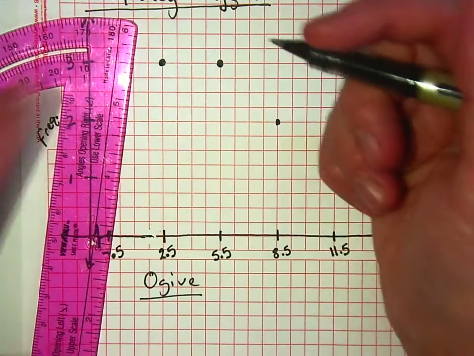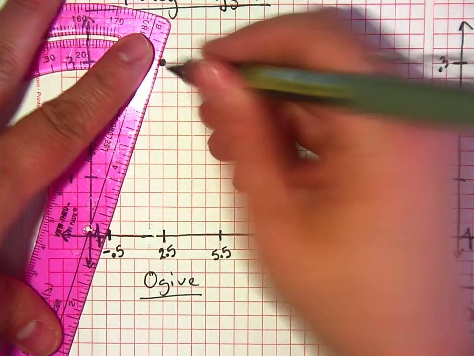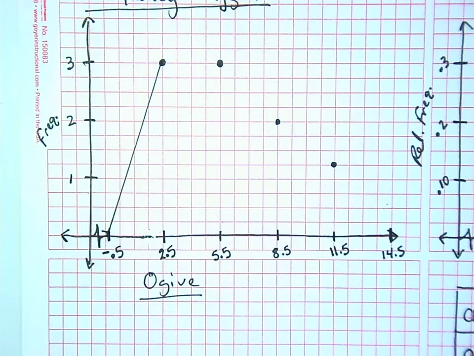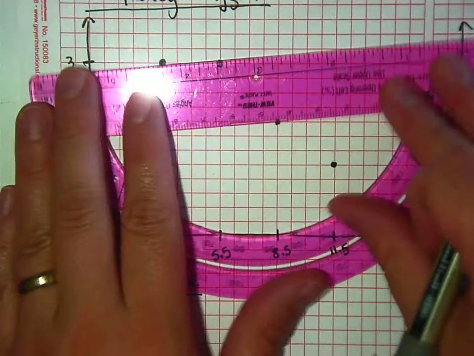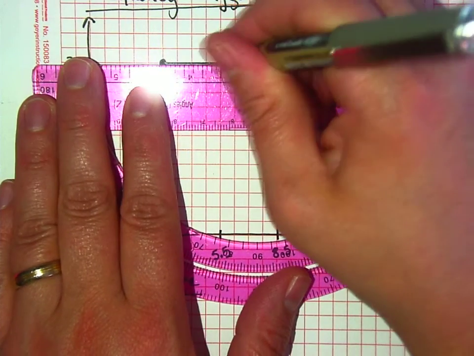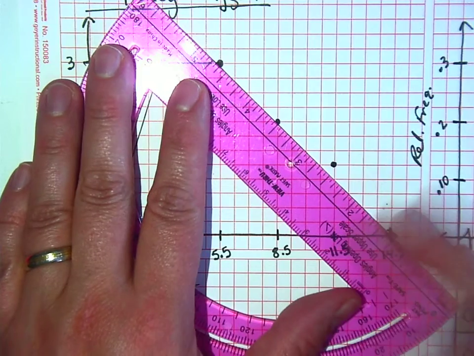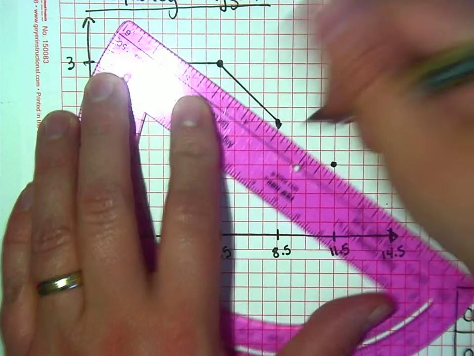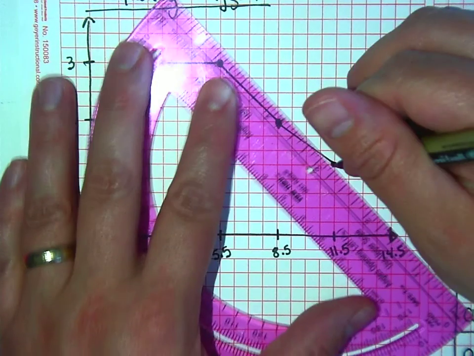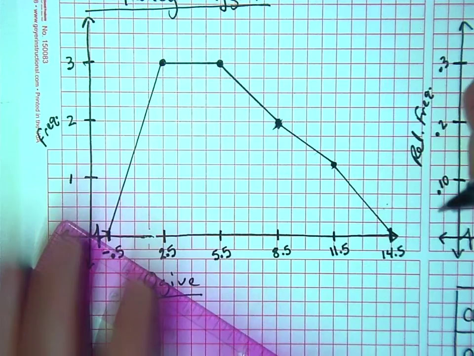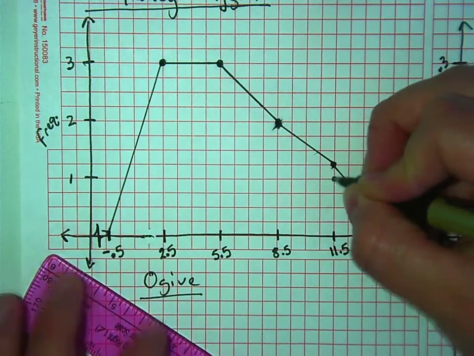So because it's a frequency polygon, at the beginning you start at 0, like that. And then you start connecting the dots. Oh, I didn't put it at the right height there. It should have been there.